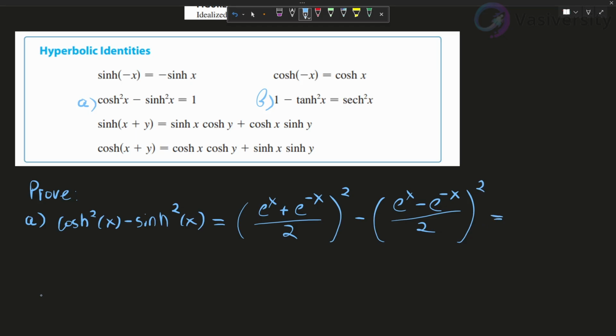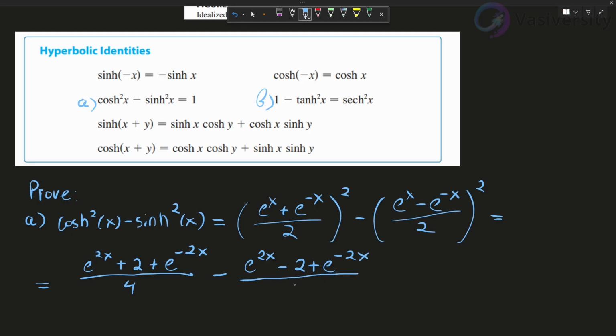Okay, so simplifying that and evaluating the square, we're going to have e to the 2x plus 2 plus e to the negative 2x divided by 4, minus e to the 2x minus 2 plus e to the negative 2x divided by 4. So, combining those two fractions, we know that this and this cancel out.